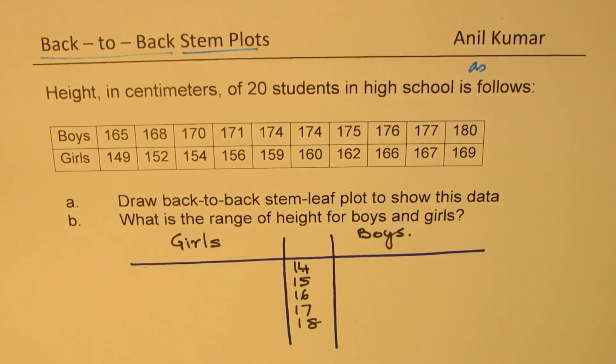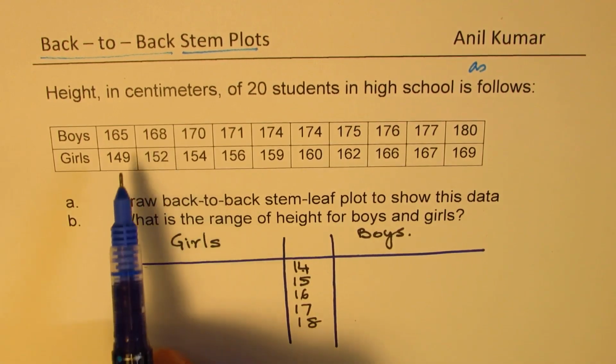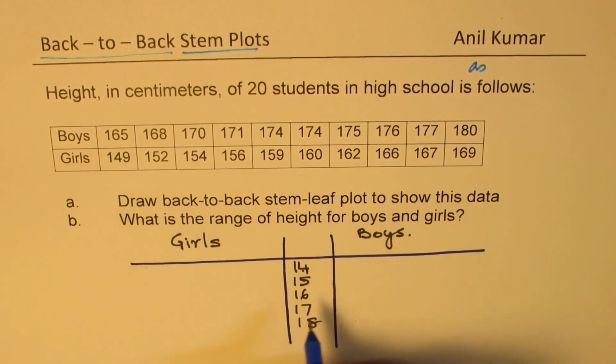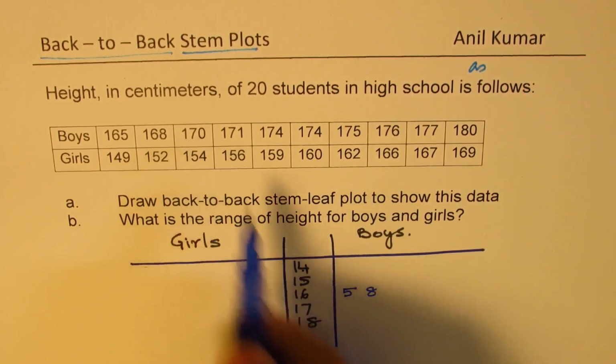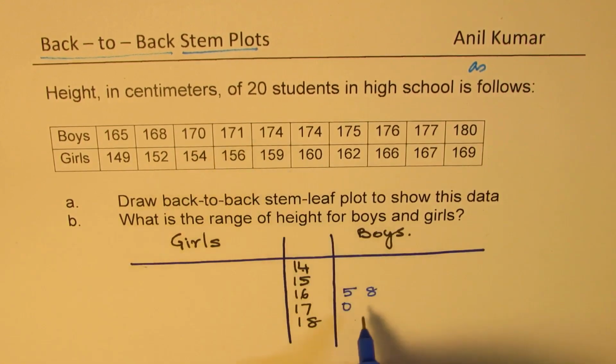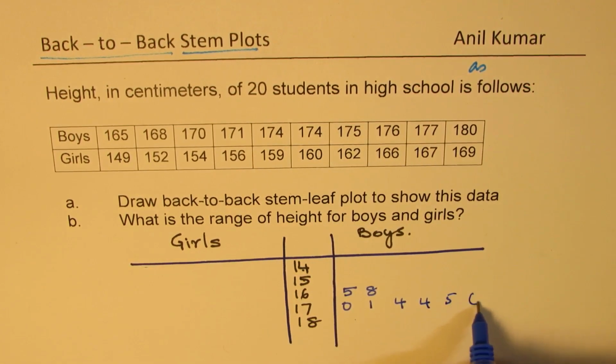So these are the heights of students in hundreds, right? 3 digits. So the last digit will go in the leaf part. 165, that means 16 and then 5, 165, 168, 170, okay, 171, 174, 175, and then 6 and then 7, 180.